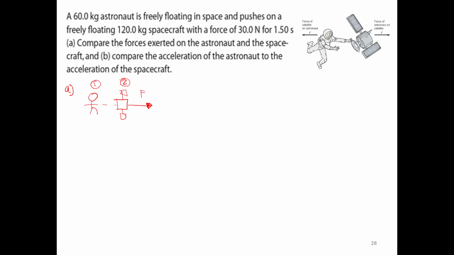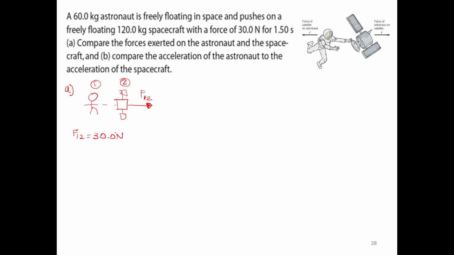Then this is the force that 1 exerts on 2. And we know this force is 30 newtons. It is the force exerted on the satellite. Let me write here the force F12 equals 30 newtons.